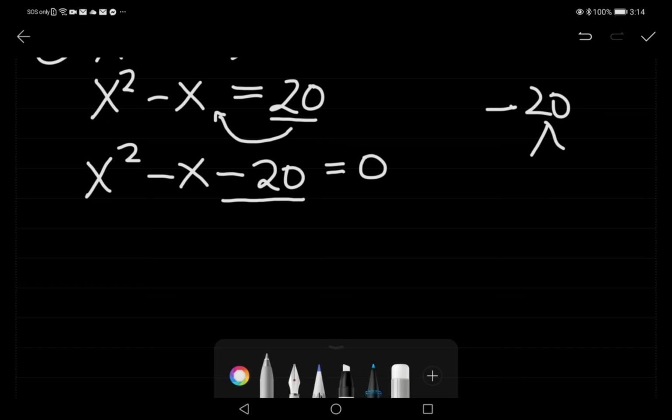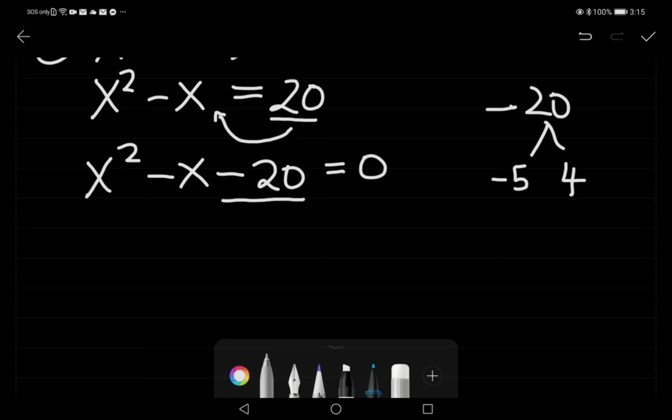So, we will try negative 5 and 4. So, kung ato siyang i-multiply, negative 5 times 4 is negative 20. Then, ato sa siyang i-add, negative 5 plus 4 equals negative 1.